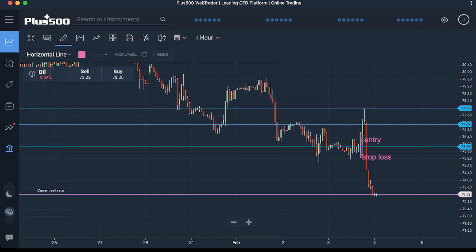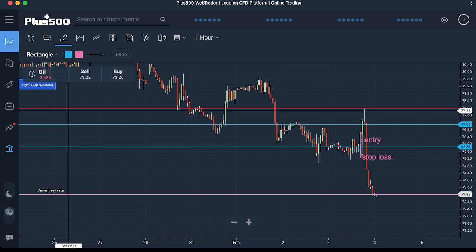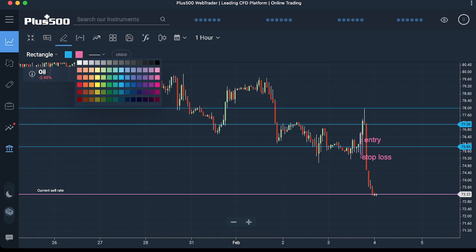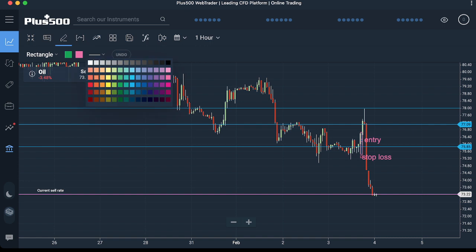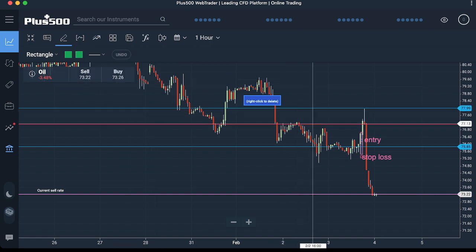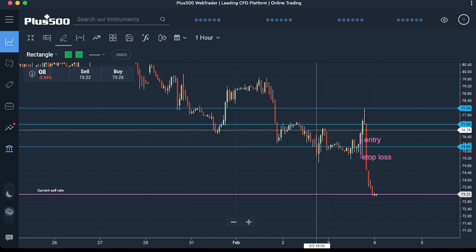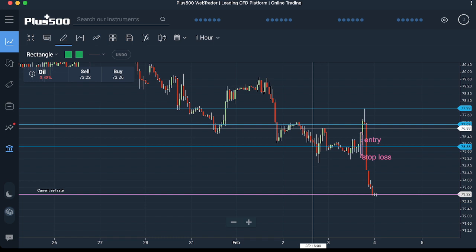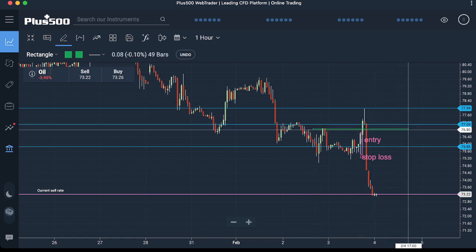And here what I can see as a target profit here, let me just make it green to show you the target profit. And okay, so here you have a previous high here, so it's up to you if you want to put the profit here, okay.